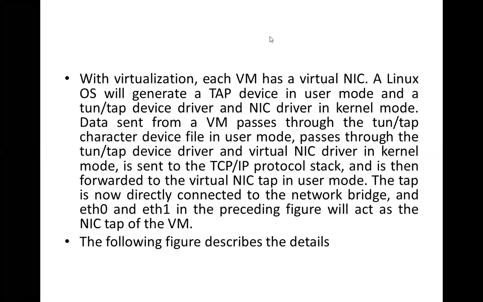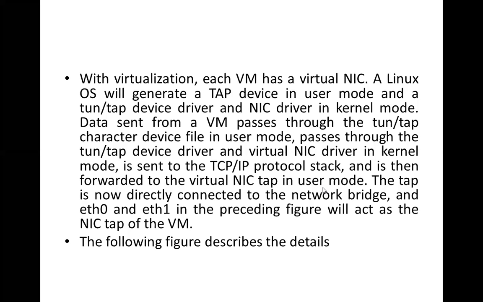So this Linux operating system generates a tap device in user mode and the device drivers, both NIC and TunTap device driver, in the kernel. Data sent from a virtual machine passes through the TunTap character device file in the user mode and passes through the TunTap device driver and the virtual NIC driver in the kernel mode, and is sent to the TCP/IP protocol stack and is then forwarded to the virtual NIC tap in the user mode.